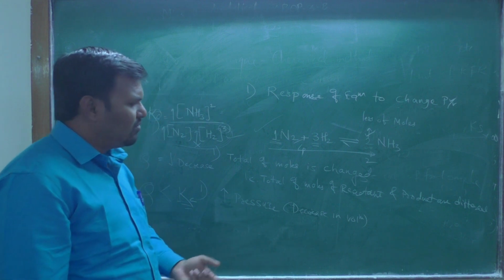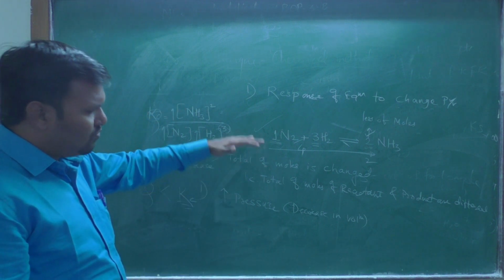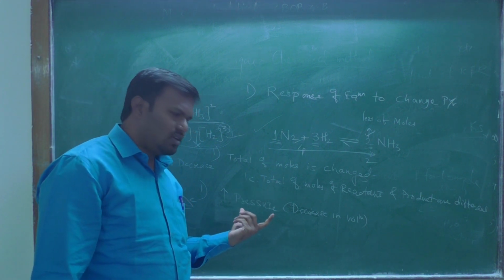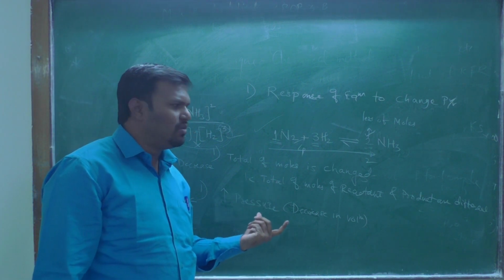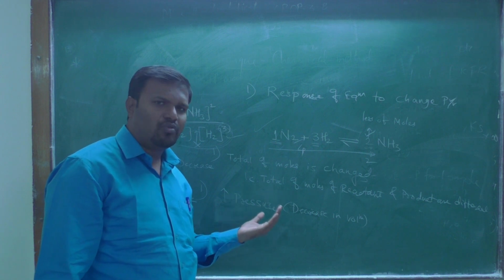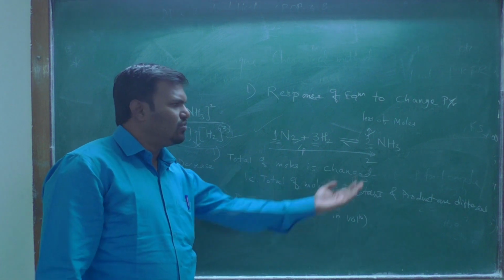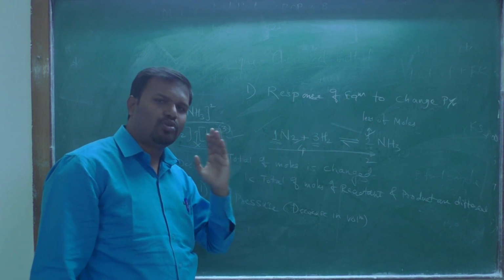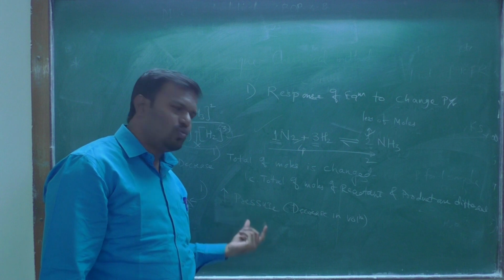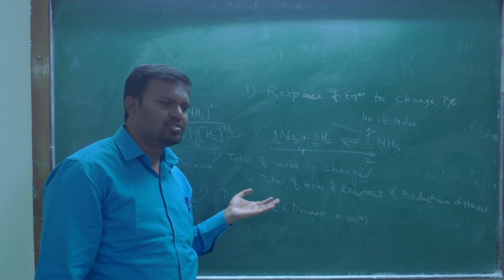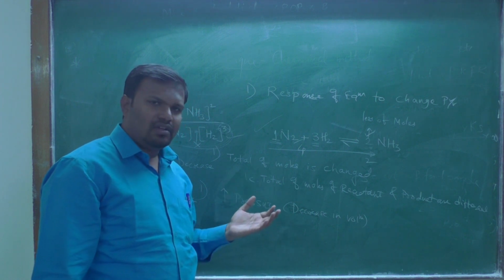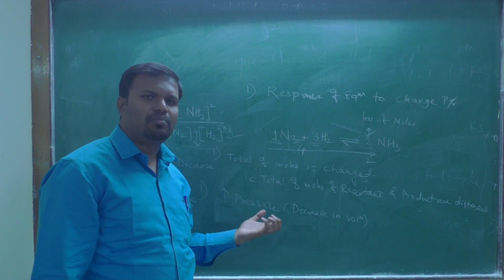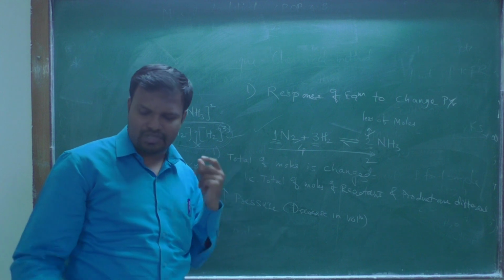When you decrease the pressure, your equilibrium will be shifted to the side where more moles are present, from the left-hand side to the right-hand side. Therefore Q increases when pressure is decreased and volume is increased, and the equilibrium shifts where the greater number of moles is present.